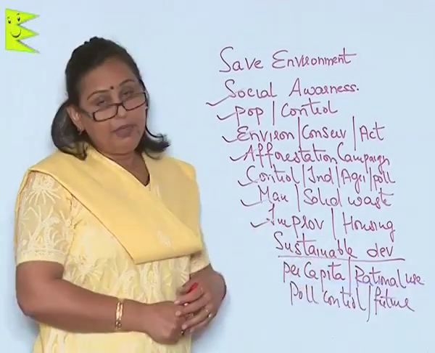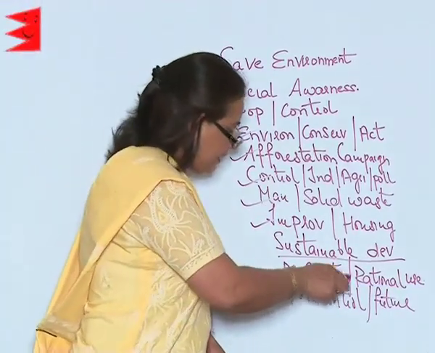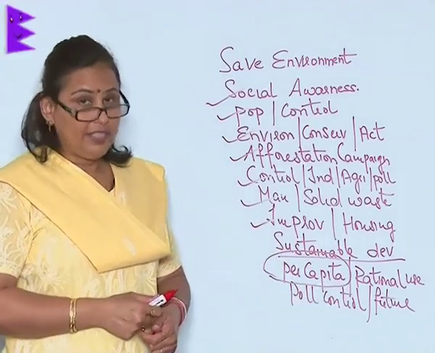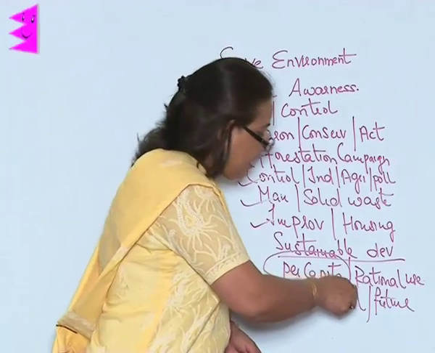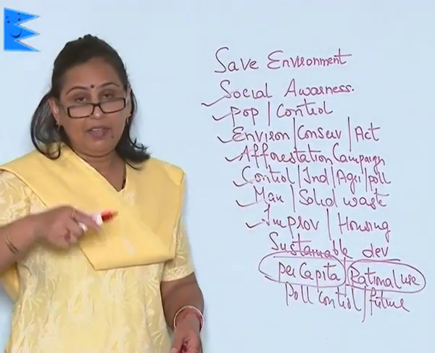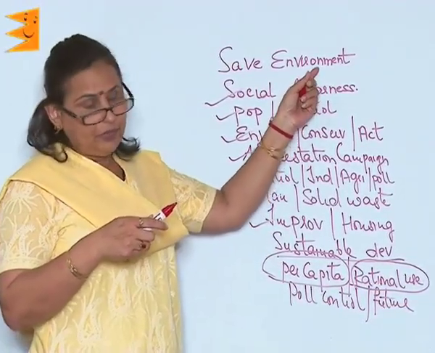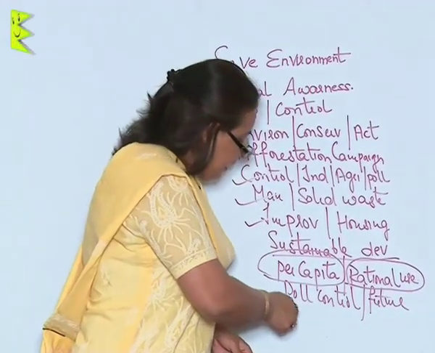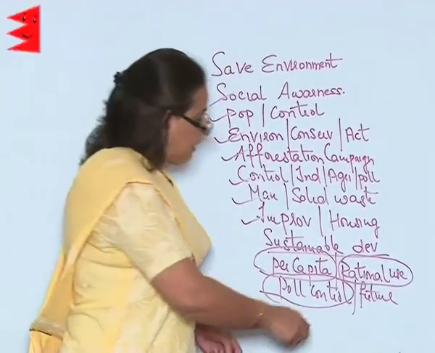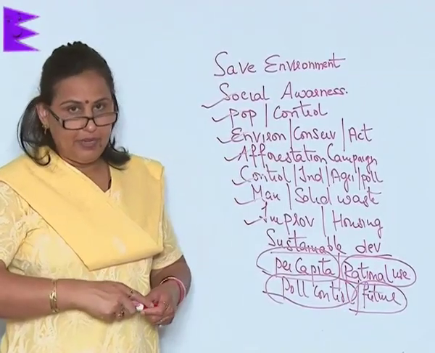And a true sustainable development comes only when per capita income rises, that is, people start earning much more than what they are earning, when we start having rational use of the environment that is there, when we have lesser pollution, that is, we can have control on the pollution, and we think of the future generation, that's true sustainable development.